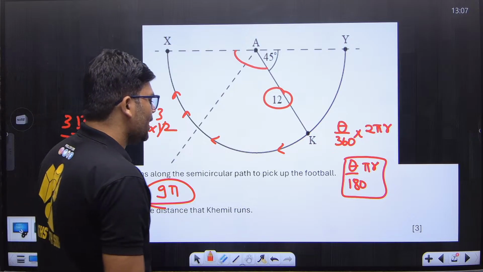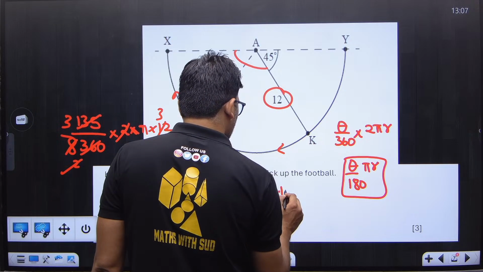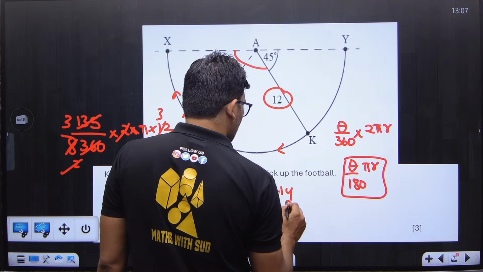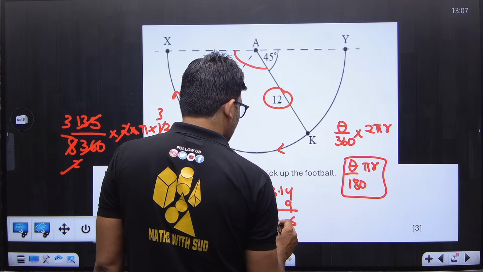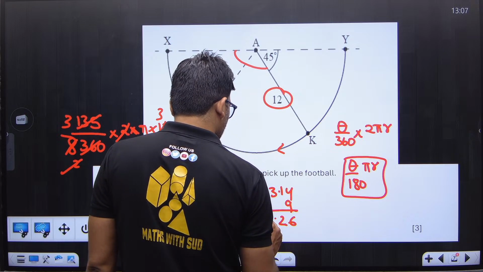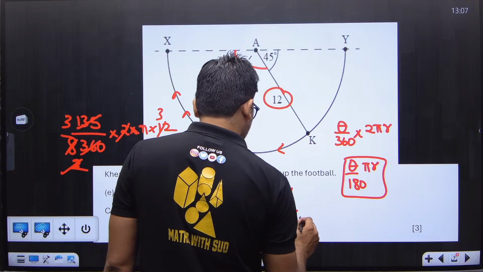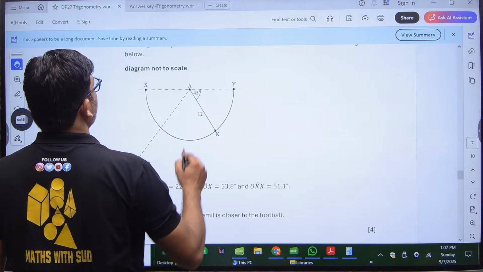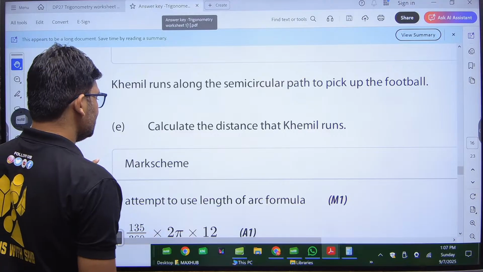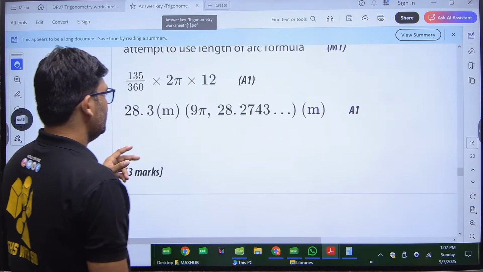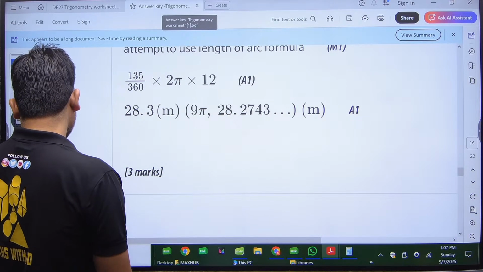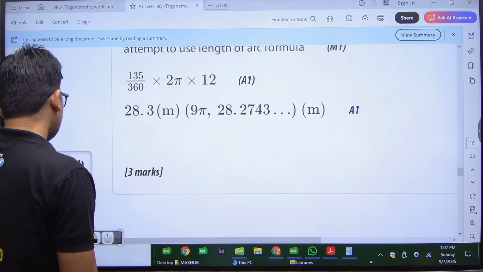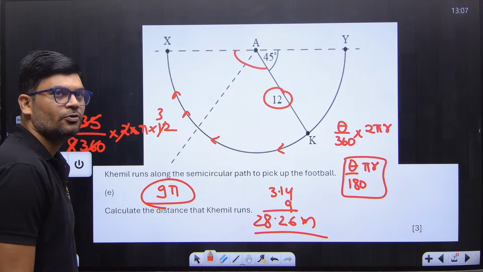If we take the value of pi as 3.14, it is going to be 9 into 3.14, so 28.26 meters. Let us check the answer. 28.26 or 27 meters. Okay, or if you round it off, 28.3.